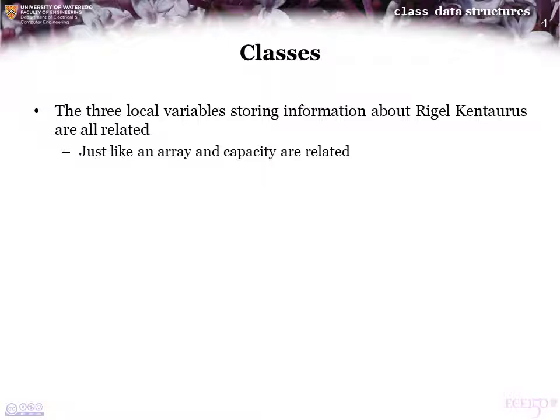Imagine trying to send all of that information and that of multiple other stars to different functions. We would like to group all of this information together. And the way that we're going to do this is with a data structure called a class.